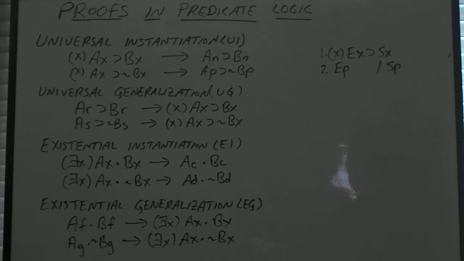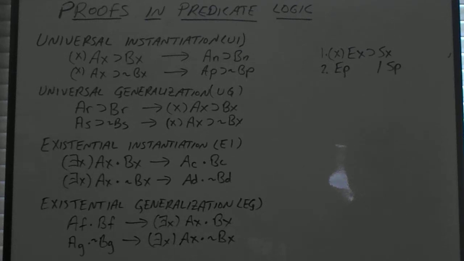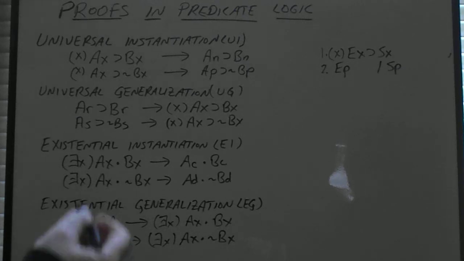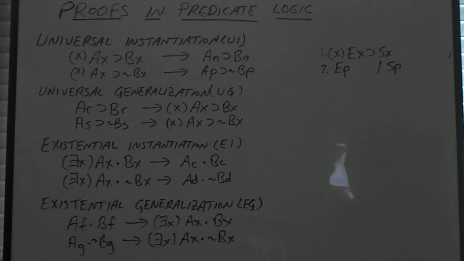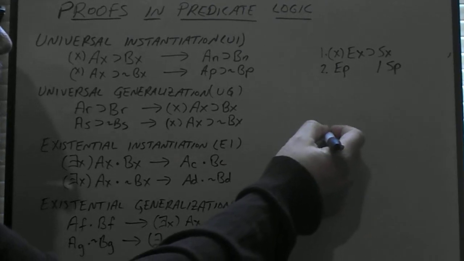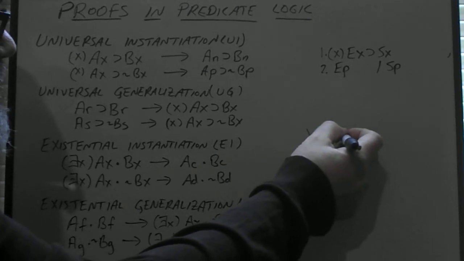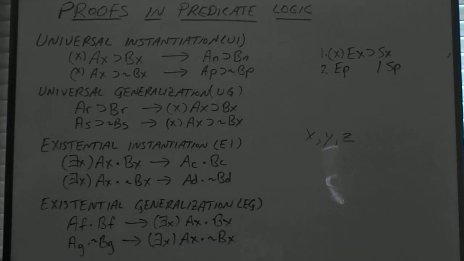All right? So we're going to be using, in proofs of predicate logic, universal instantiation and generalization, existential instantiation and generalization. Now, one important thing for you to remember in this form of logic: your quantifier letters, I use x most of the time, but in your book you will see also x, y, and z. Those particular letters are the ones that are used in terms of your generalizations.